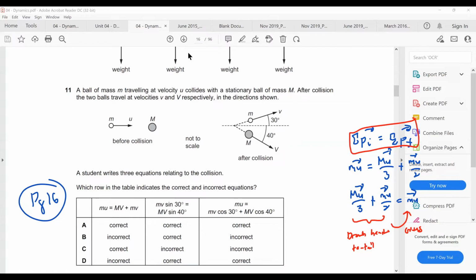Now, which are the correct and incorrect equations? Let's just say right now I write out the equations in the x direction.